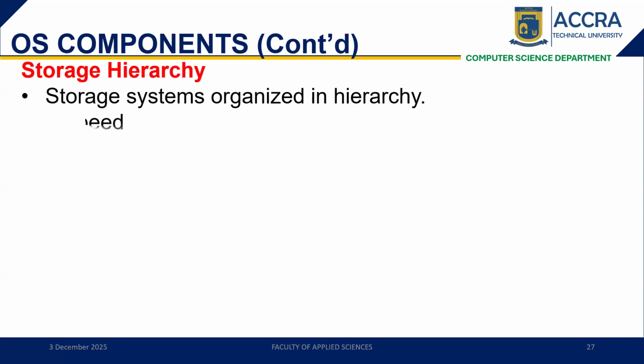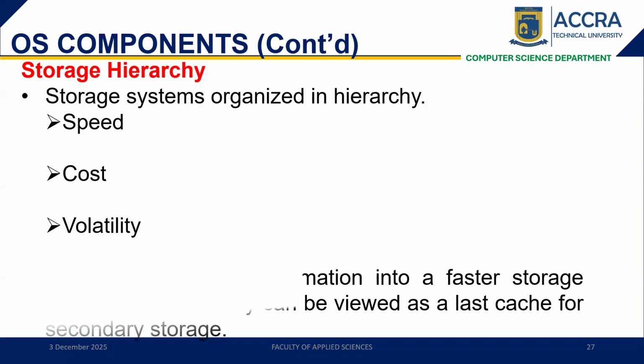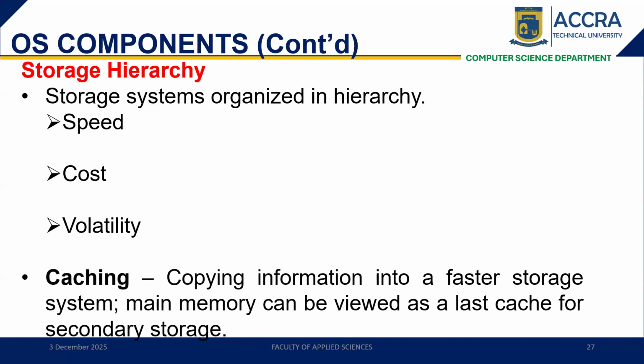So the storage systems are organized in terms of a hierarchy. We have speed, we have costs that are all associated with storage systems or devices. We have volatility as well. In terms of speed, hard disks spin, so that is their form of speed.